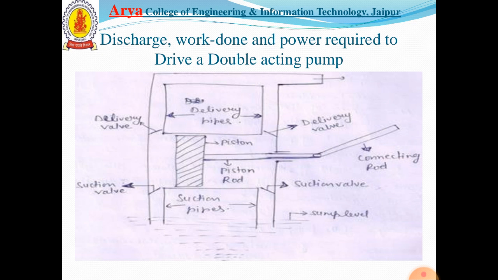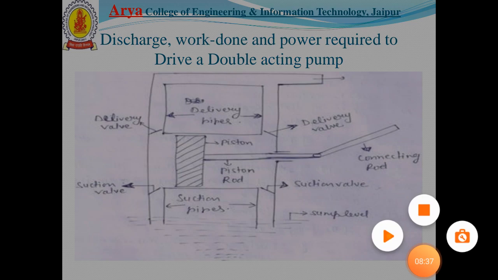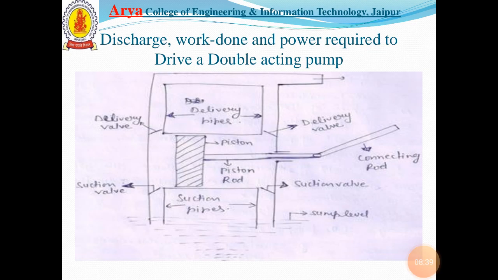As the pressure rises toward the left, again the suction valve becomes closed and the delivery valve opens. The discharge of water takes place through the delivery valve at the left hand side. Thus, in one complete revolution of the crank, there are two delivery strokes, and water is delivered to the pipe by the pump during these two delivery strokes.